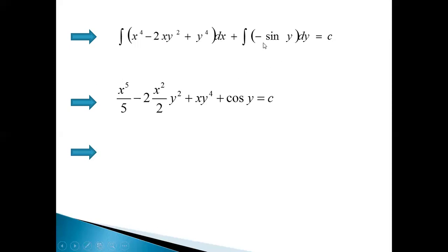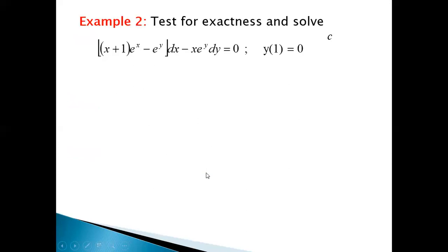And now the integration of sin y is minus cos y. So minus minus plus, here plus cos y. By simplifying, this is our final solution.